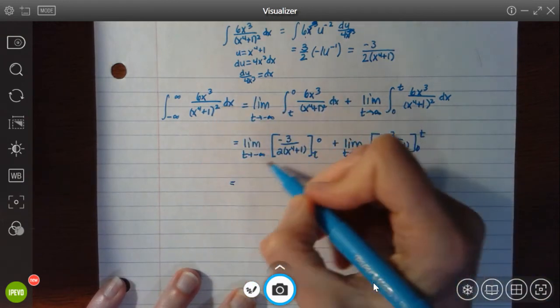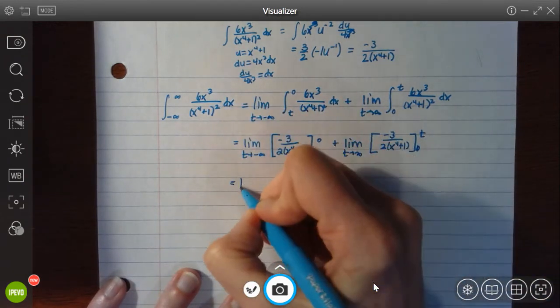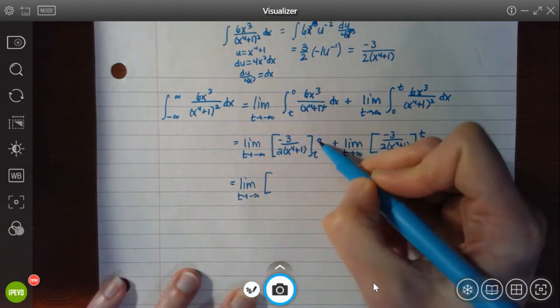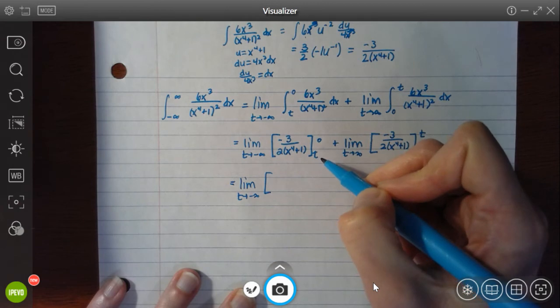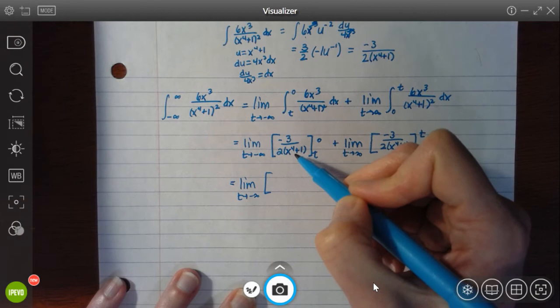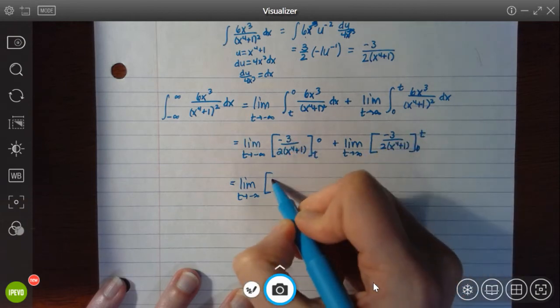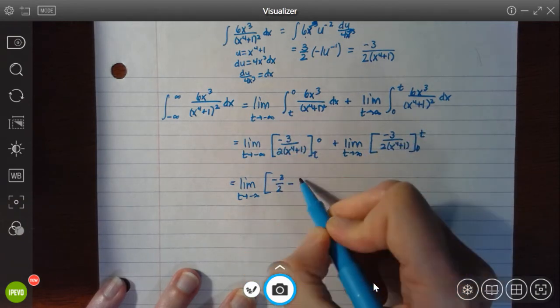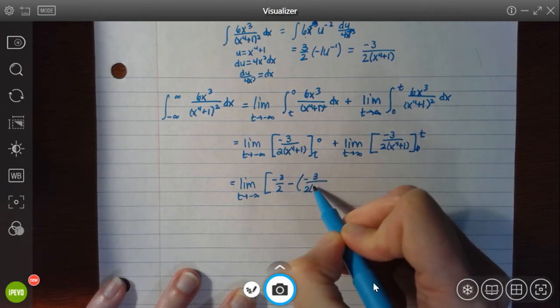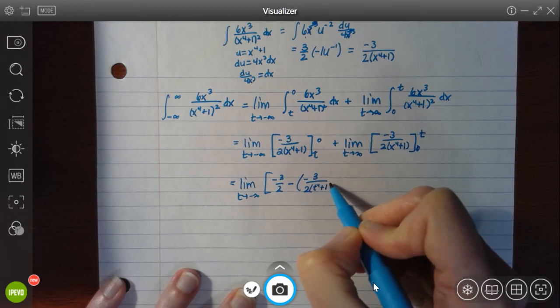For this one, as I'm finding the limit as t approaches negative infinity, I'm going to plug in my upper and lower bounds. I get negative 3 over 2 times 0 plus 1, or negative 3 over 2 times 1, which is just negative 3/2, minus negative 3 over 2 times t to the fourth plus 1.